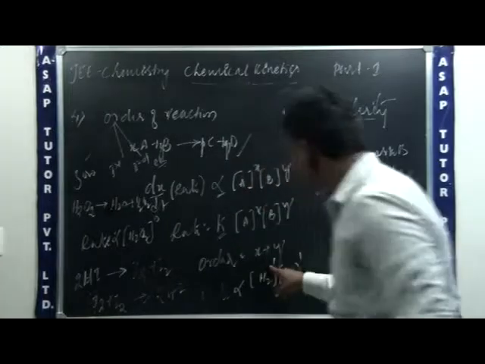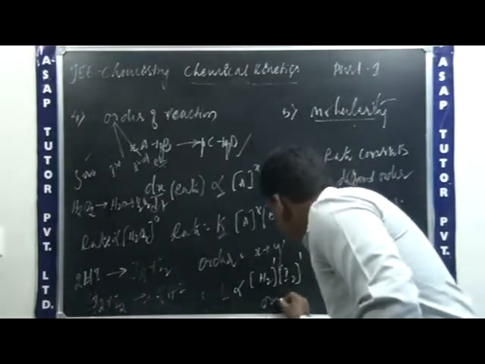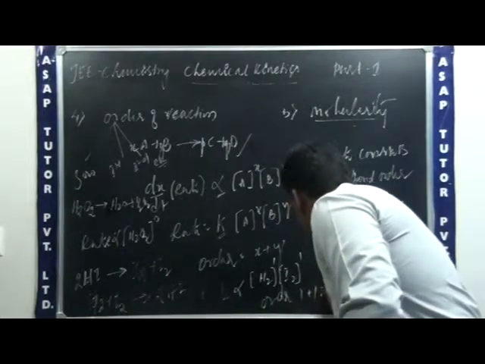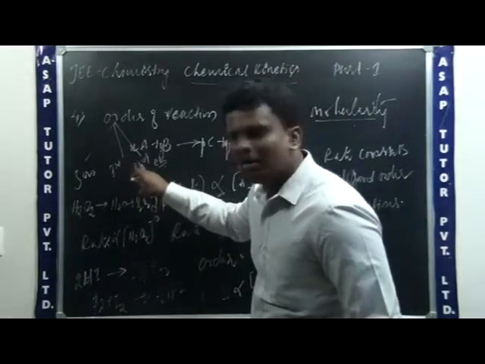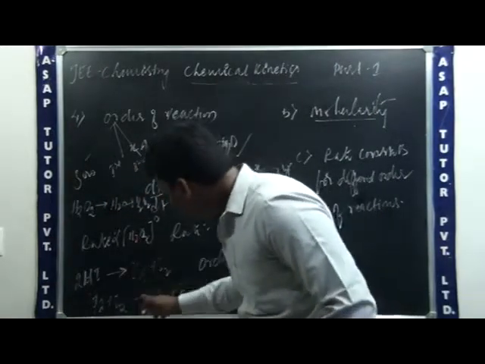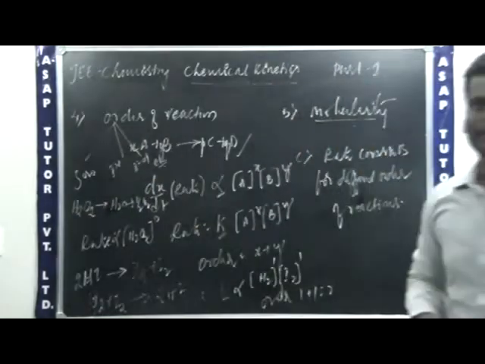If the power of each is 1, order is equal to 1 plus 1, which is 2. So these are the different examples for different orders of reaction.